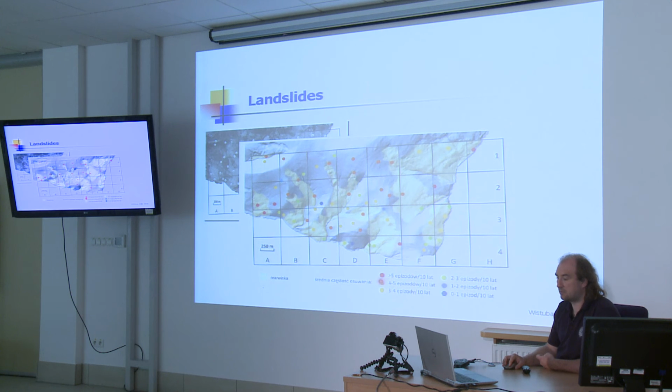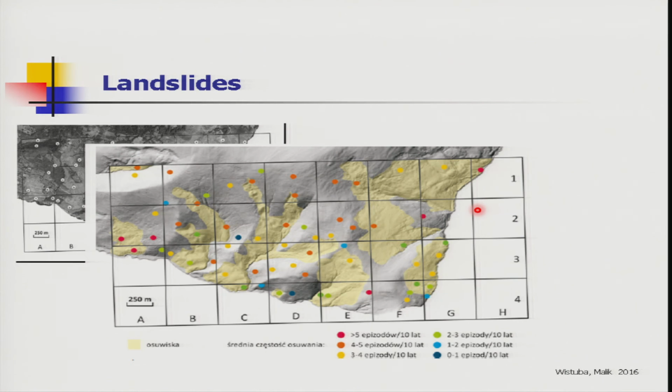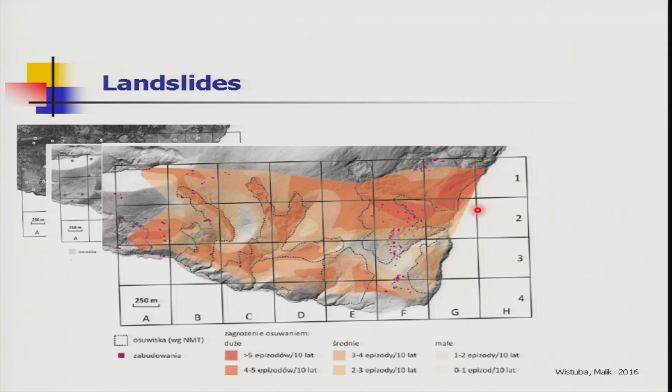And this dark red says that more than 5 episodes of mass movement of the slopes appeared during 10 years. So we may say that every second year the land is sliding. Building a house in such conditions is not the best solution.